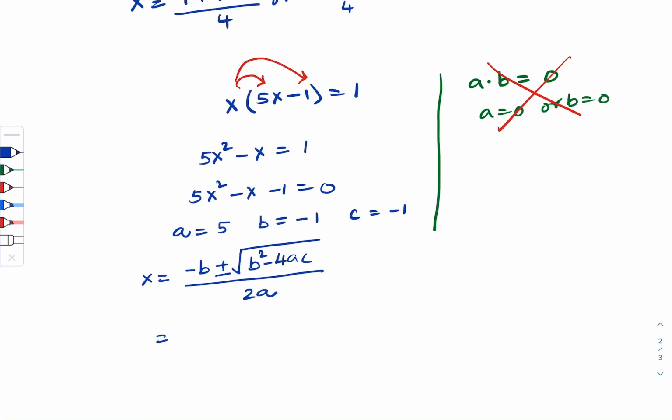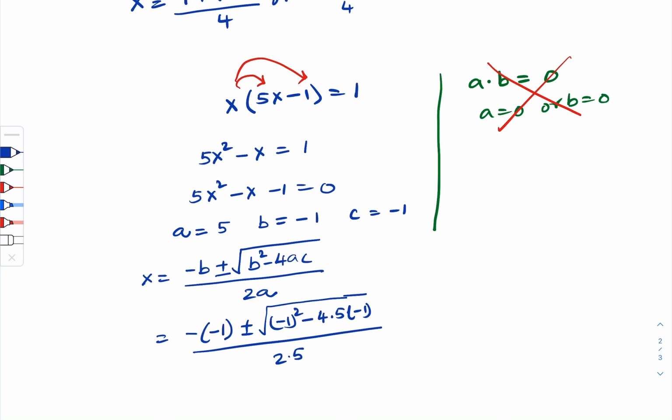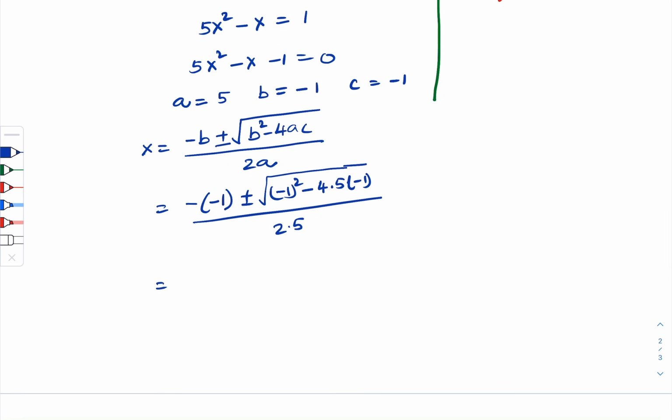All right, so minus b is minus of minus 1 plus minus square root of minus 1 squared minus 4 times 5 times negative 1. Whole thing is over 2 times 5. Let's simplify. So that's 1 plus minus square root of 1 plus 4 times 5 is 20 over 10. 1 plus minus square root of 21 over 10.